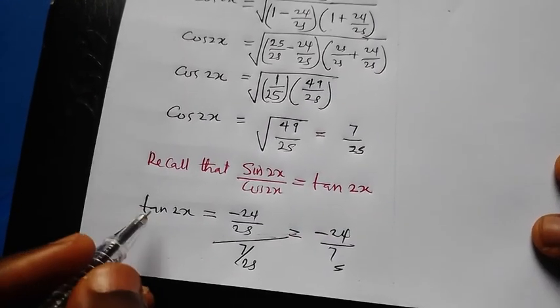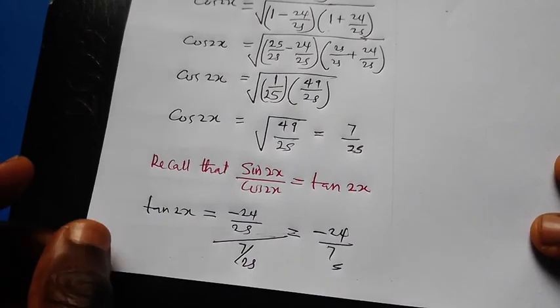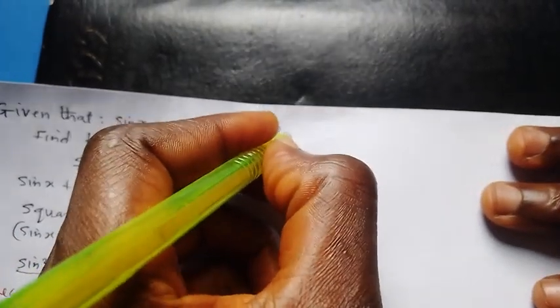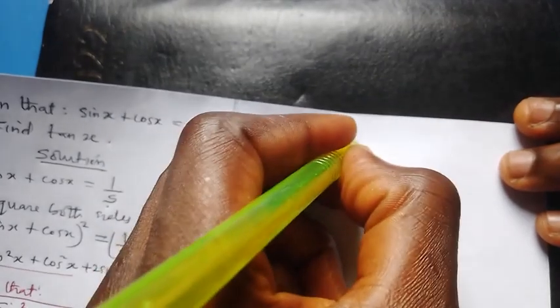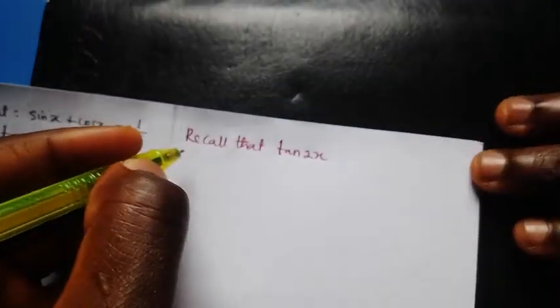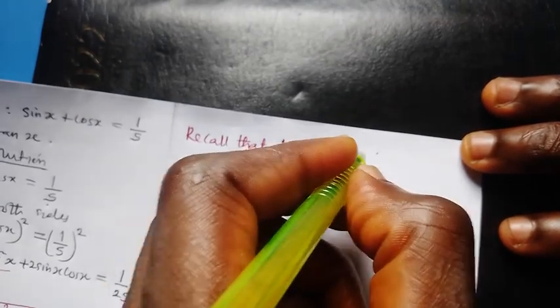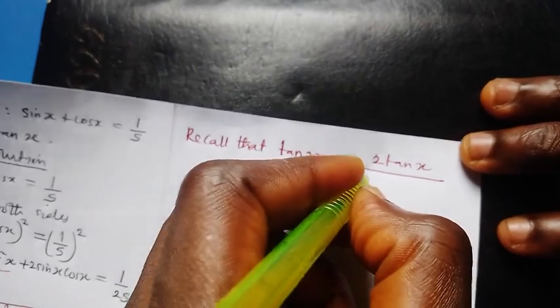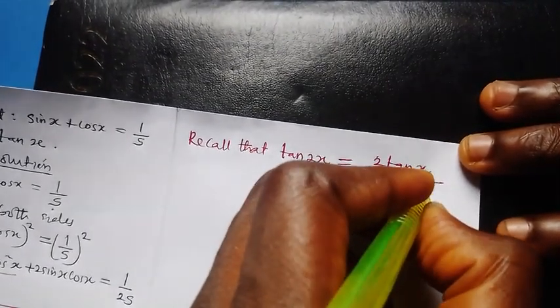So now that we have gotten our tan 2x to be minus 24 over 7, another interesting identity here is to recall that tan 2x can be written as 2 tan x all over 1 minus tan squared x.